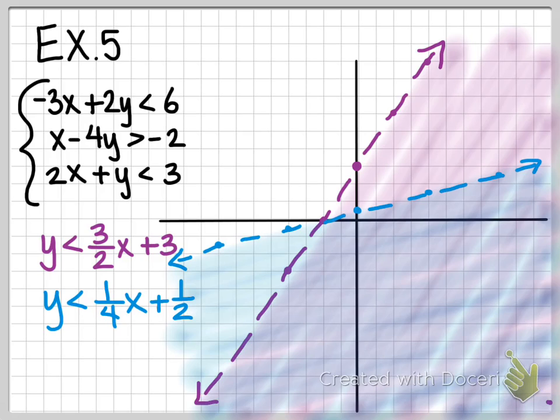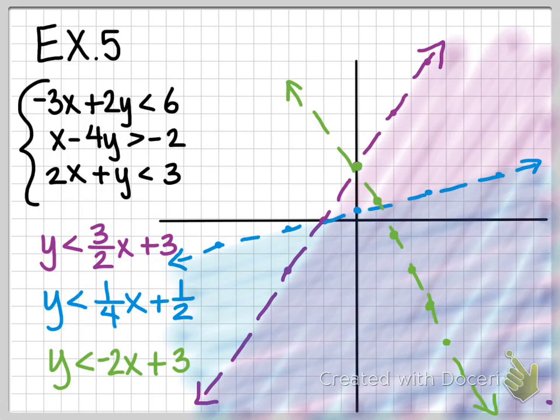Now for the third inequality, we're going to move the 2x to the other side. So this is going to be y is less than negative 2x plus 3. So this crosses at positive 3 and has a slope of negative 2. So it goes down 2, right 1. Down 2, right 1. And this also is going to be a dotted line. If I plug in (0, 0), 0 is less than 3 is a true statement.